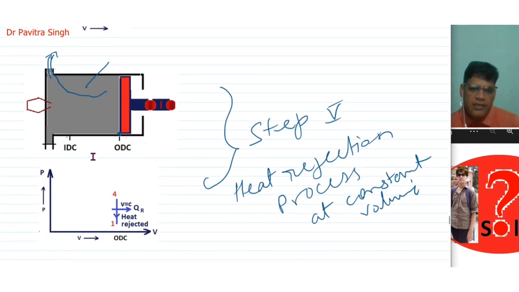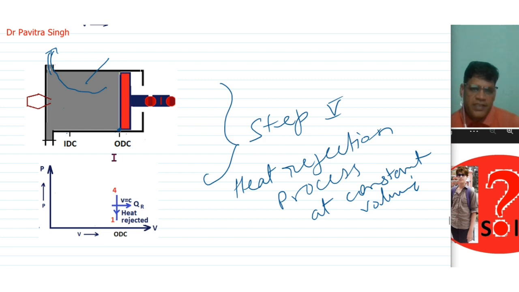And this is the heat rejection. So at this end point of the piston, the exhaust valve is open. So hot gases are going out through this outlet, and the piston is at the ODC. So volume is constant. So this is heat rejection at constant volume.